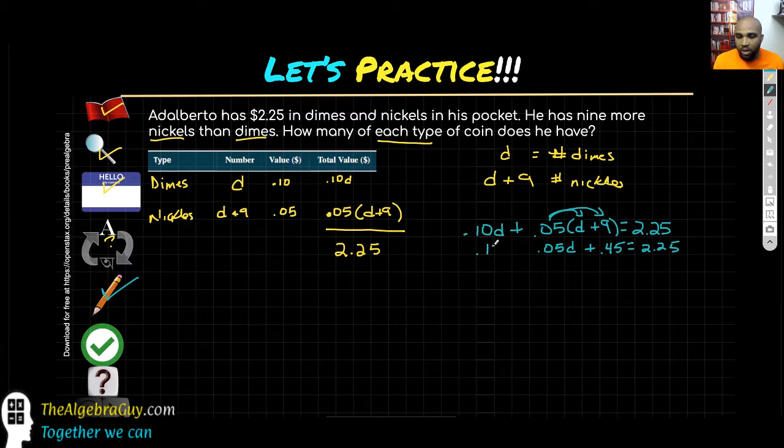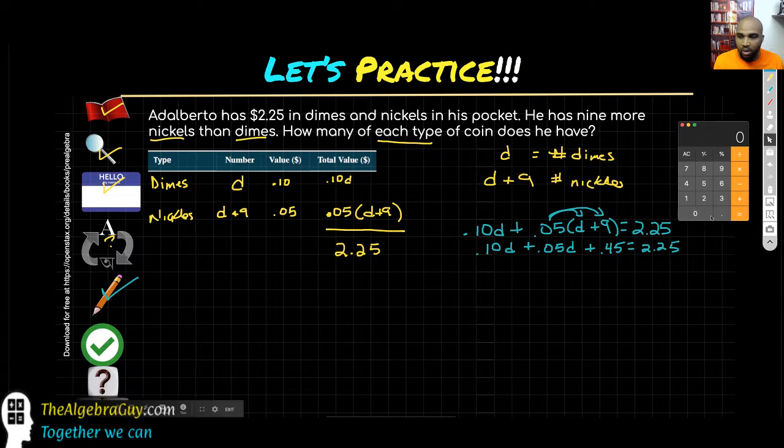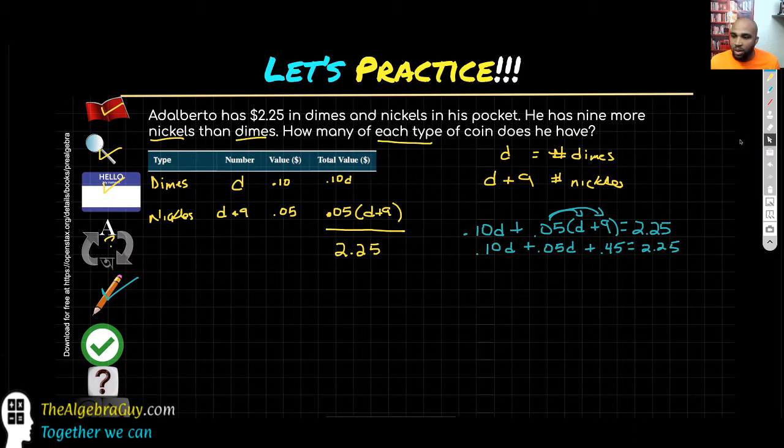And bring this down as well. I want to double check my decimal, so I'm going to pull out my calculator. So what do we got? 0.05 times 9. Okay, good. Just want to double check that. Sometimes I'm like, okay, is that right?